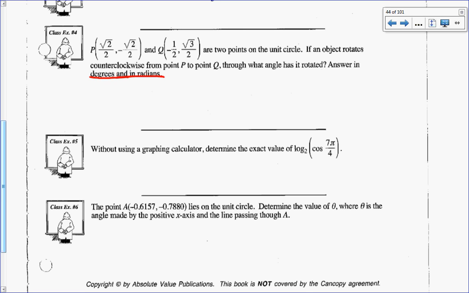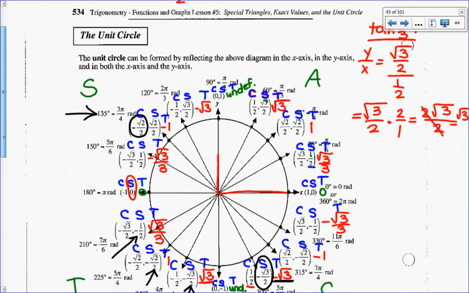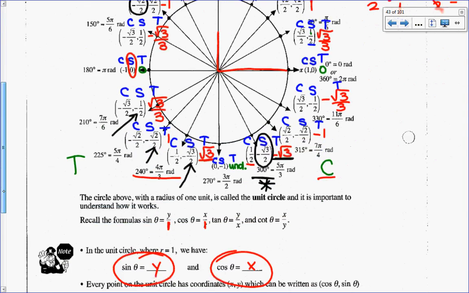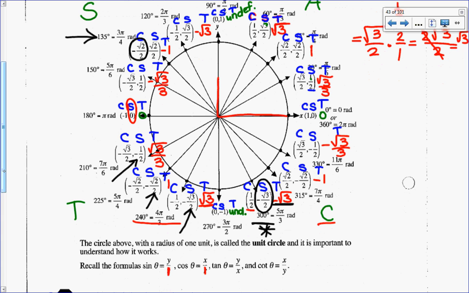They want both measures. Okay, so first of all, let's look on our unit circle and see where P would be, if the point that lies on it is at root 2 over 2 and negative root 2 over 2. Here it is.